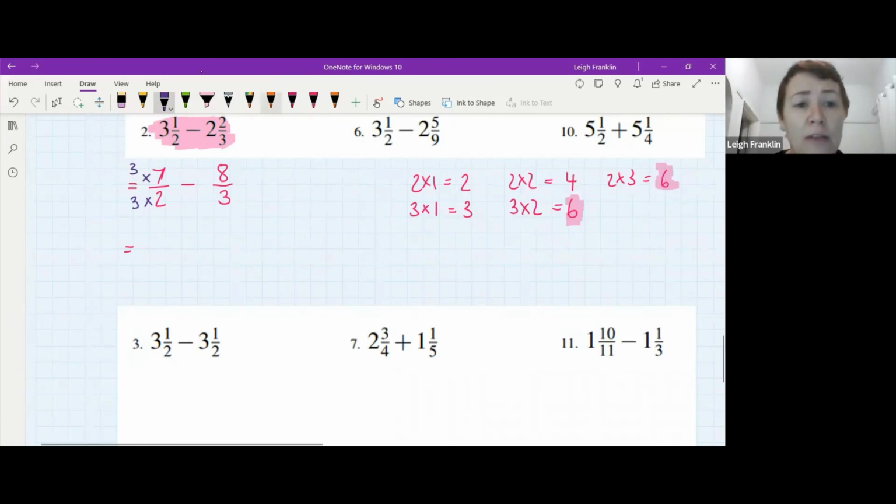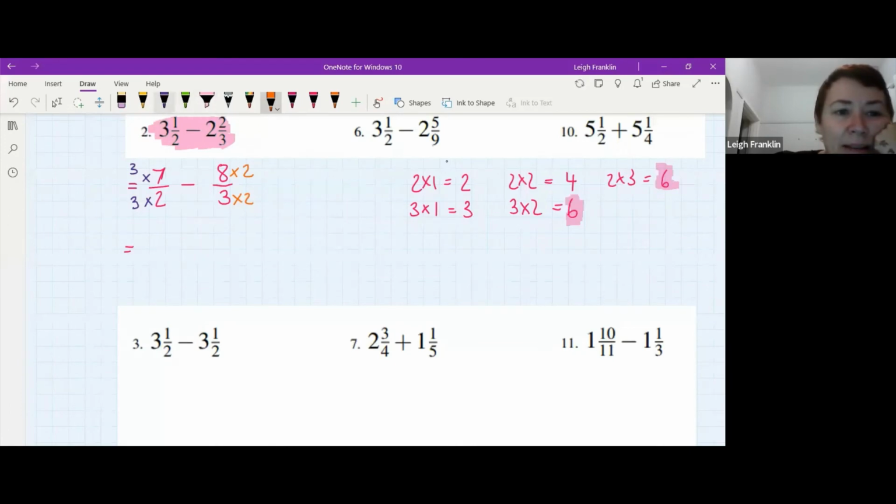And on the other side over here, what am I going to times this 3 by? 3 times 3 is 9. 3 times what is 6? Remember, 6 is our lowest common multiple. 2. Good. And what am I going to multiply the 8 by? 2. There we go. Good job.